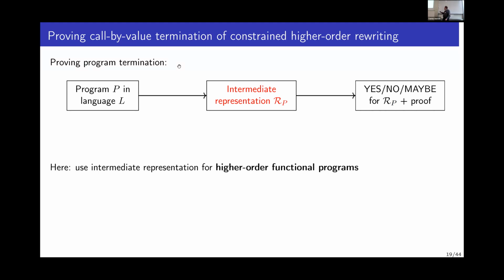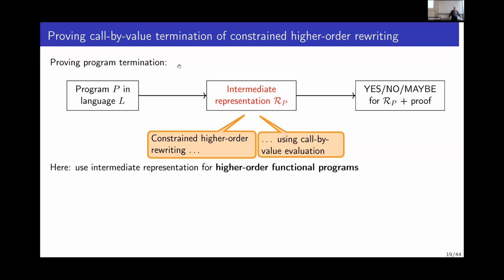So what I'd like to show you is an intermediate representation for higher order functional programs. Namely constrained higher order rewriting as an intermediate representation using call by value evaluation.